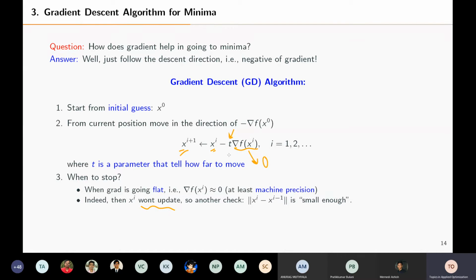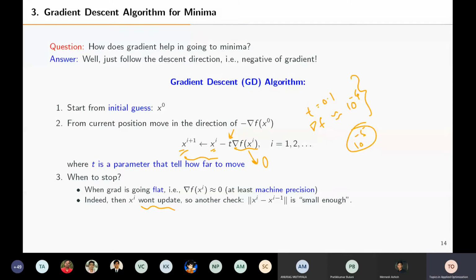Let us say t is 0.1, and grad of f is a vector whose components are around 10 to the minus 4. Then the updates in x are only of the order of 10 to the minus 5, so it only updates after the 5th decimal place. Your updates will start getting very slow as you get close to the minima.